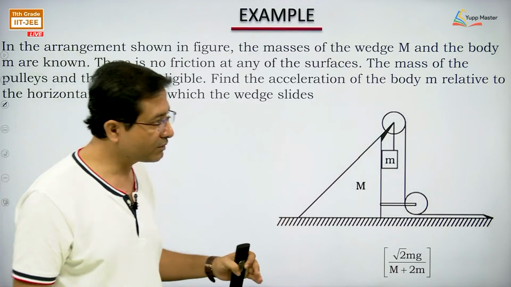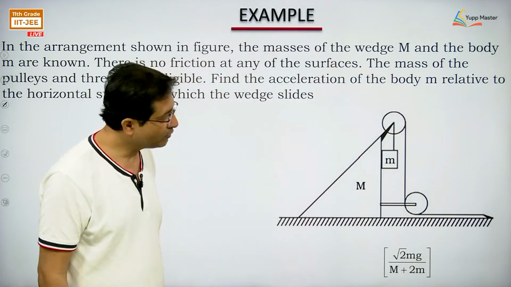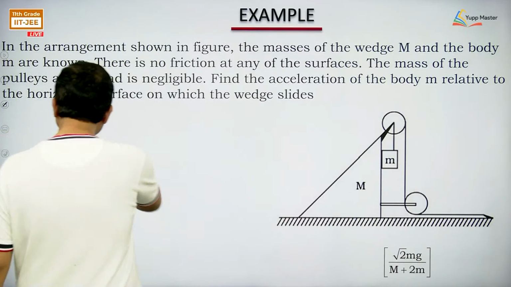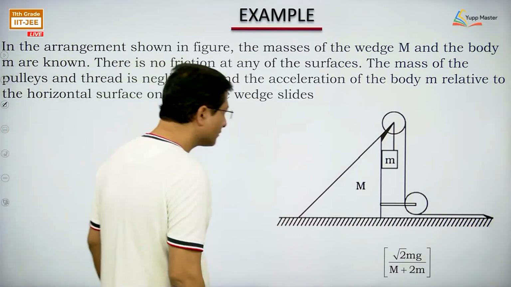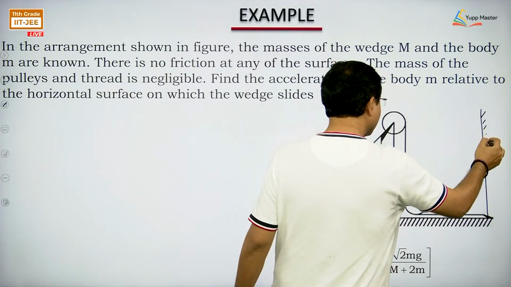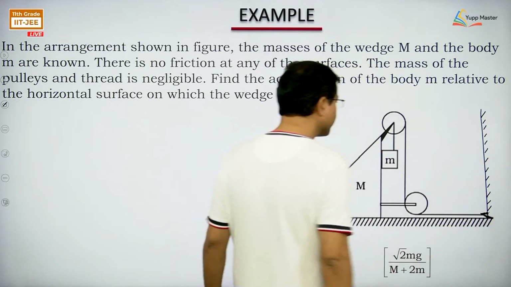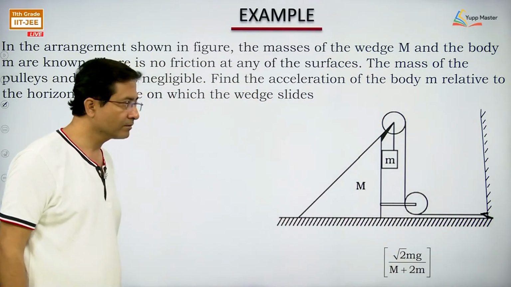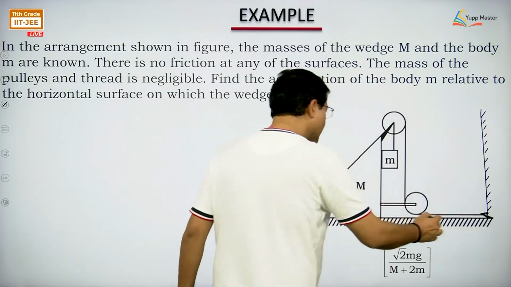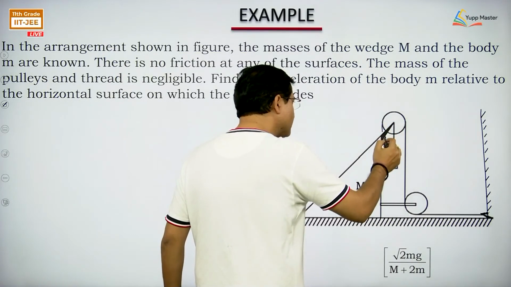Again I am telling, you can observe both the motion standing on the ground. So if this is the system, here this string is attached, and actually this string passes through the pulley, then again passes through the pulley and is connected to this block.